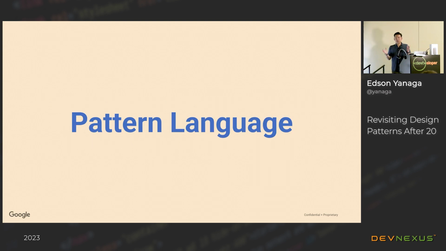But for the discussion of this talk, I think the most important feature of design patterns is that they allow us to have a pattern language. If you read any design patterns book, you learn, well, what is a strategy? What is a template method? What is a visitor? What is an observer? What is a command?